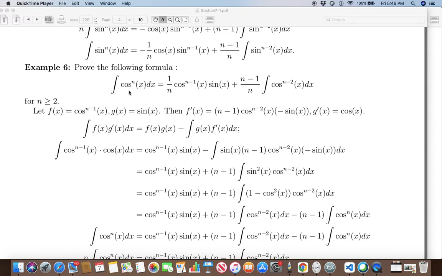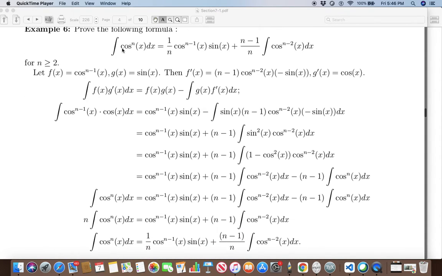Prove that the formula for the integral of cosine power n x dx is 1 by n cosine n minus 1 x sine x plus n minus 1 by n times the integral of cosine n minus 2. So you see the similarities. Negative becomes positive, cosine becomes sine, sine becomes cosine, and so on. All right. Same story.